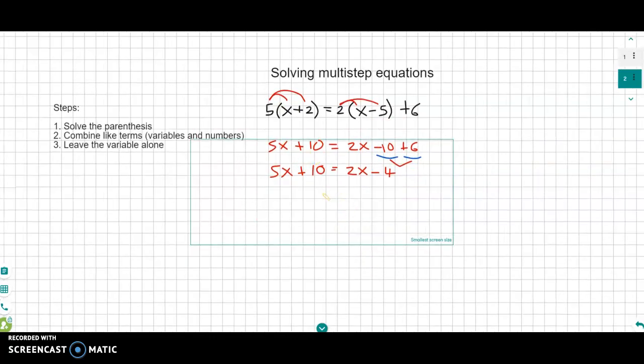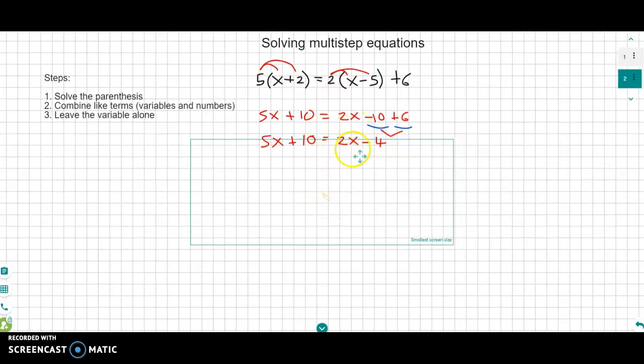Okay, so now we have variables here, 5x plus 10 equals 2x minus 4. So now we are going to cancel, we are going to eliminate this term, 2x. Okay, so how can we cancel this term? The variables to the right of the equal sign. We need to subtract by the same term, okay? So we can subtract by 2x, so they will be cancelled, okay?